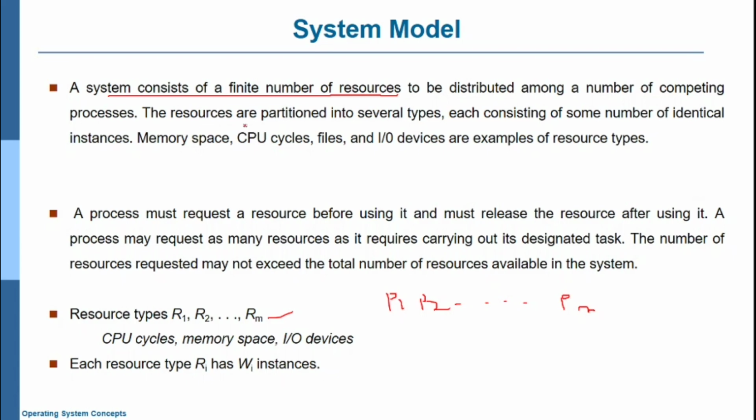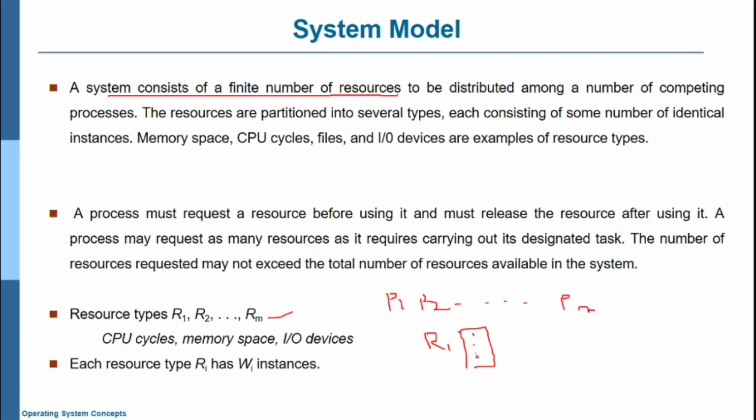The resources are partitioned into several types, each consisting of a number of identical instances. For example, R1 is a resource. In this resource R1, there will be a number of instances.